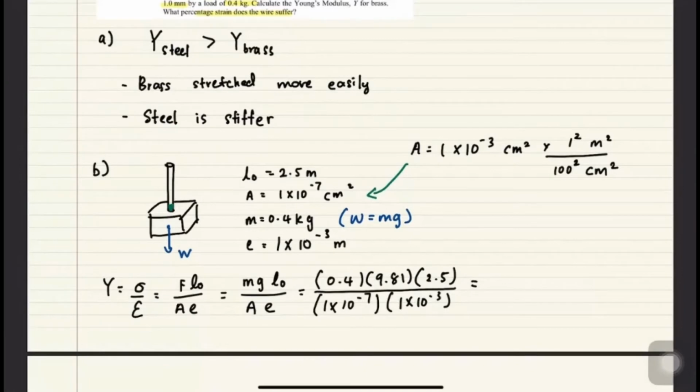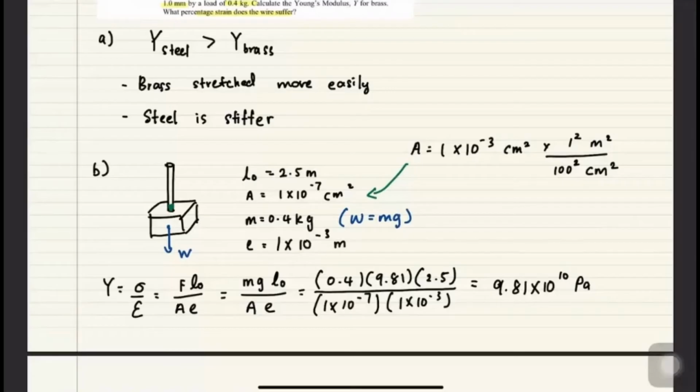If you calculate, you should get 9.81 times 10 to the power of 10. Same, sir. Same. Okay, very good.